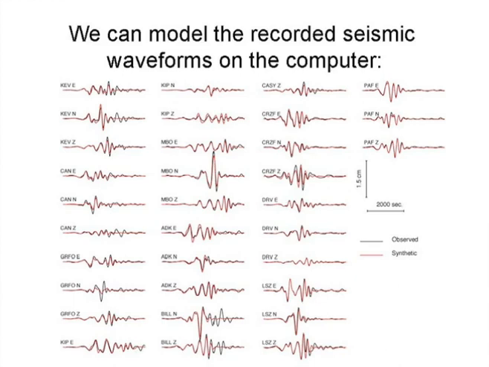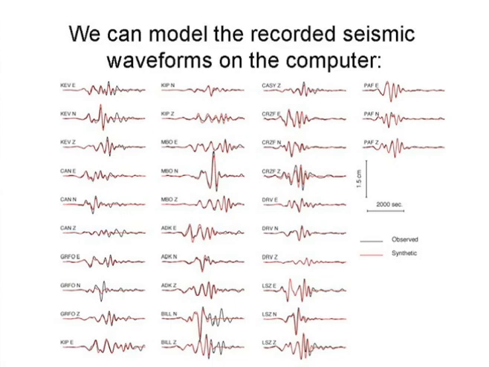Now we can take the recordings, and seismologists have gotten very good at working on the computer, predicting what the ground shaking should be. This applies F equals MA to a computer program to calculate for a model of the Earth's structure what would be the shaking from a given earthquake. We can do that for the Sumatra earthquake, and this compares observed in black and computer synthetic in red, the ground motions observed around the world.